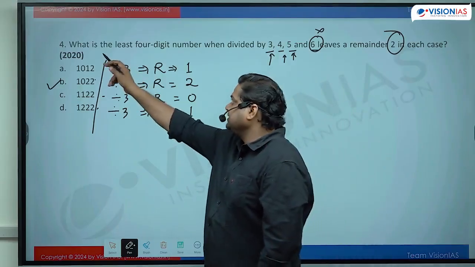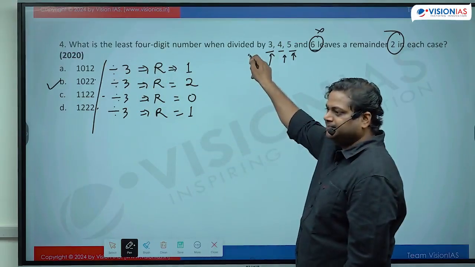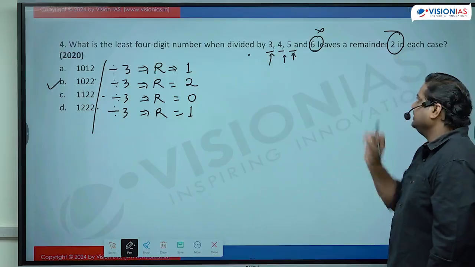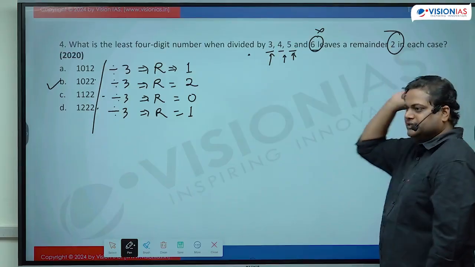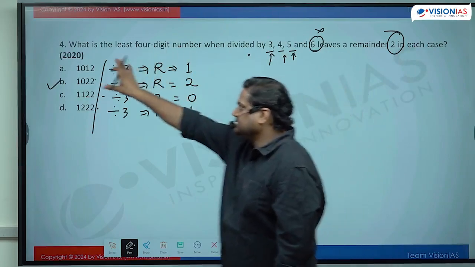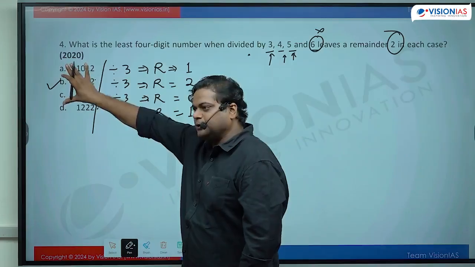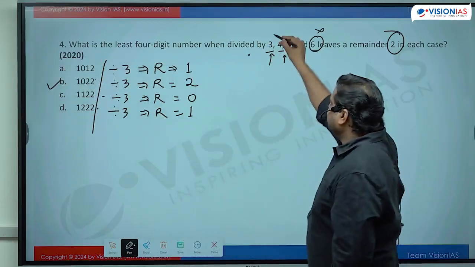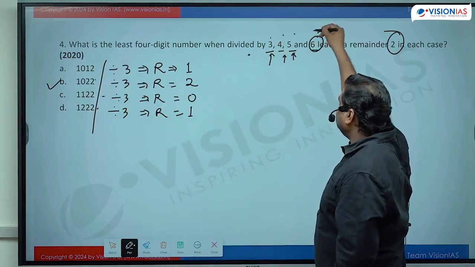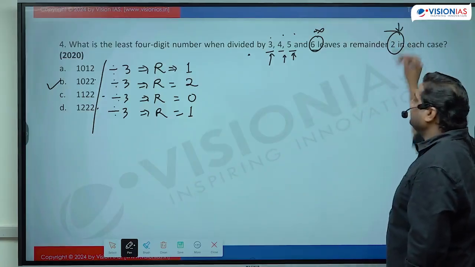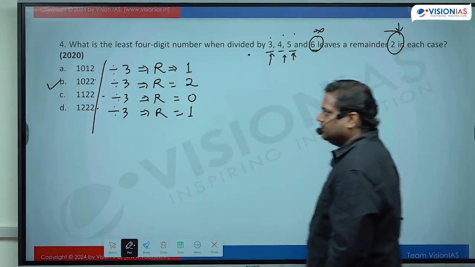इसमें what is given? What is the least 4-digit number when divided by 3, 4, 5 and 6 leaves a remainder of 2 in each case, है ना? What is that number? These numbers are in front of us. 4 में से कोई एक नंबर होगा, that is when divided by 3, 4, 5 and 6, in each case it leaves a remainder 2, है ना?